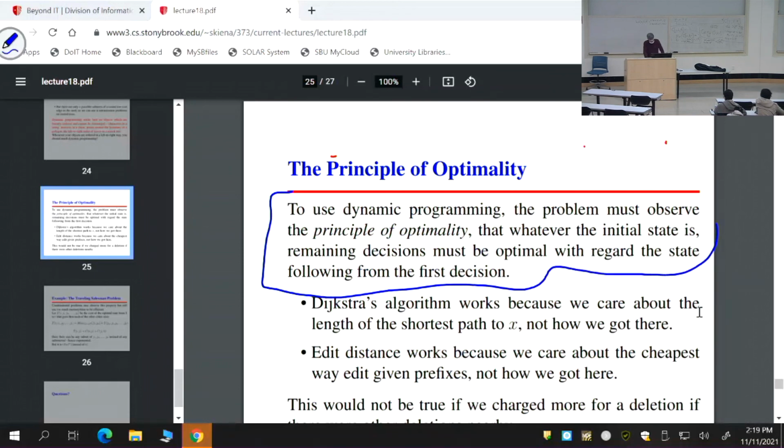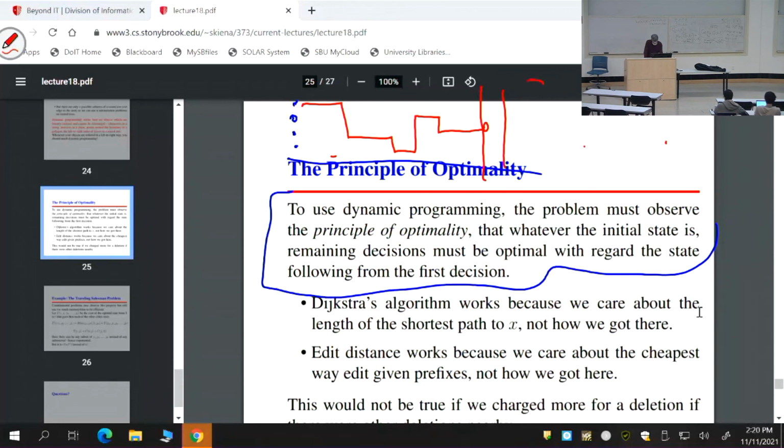It means that whatever the initial state is, the future decisions must be optimal with respect to the state from the last decision. Notice that in that barcode example, there were 4 modes. There was a message. The optimal mode I was in when I did the optimal message may have jumped around between modes at certain points. Boop, boop, boop, boop, boop.